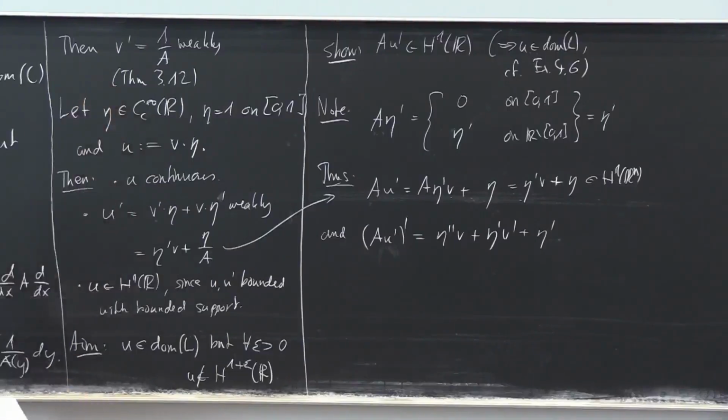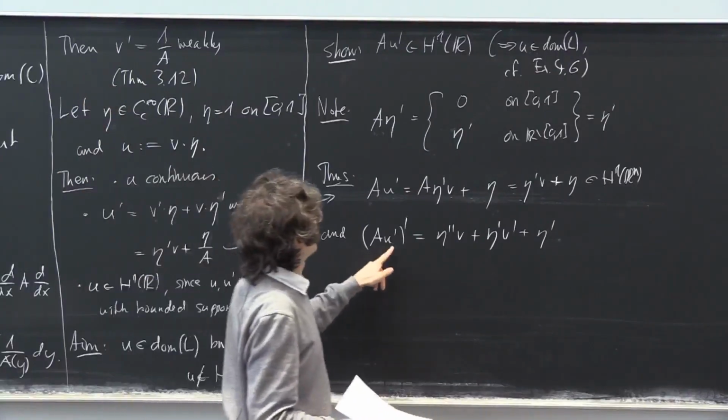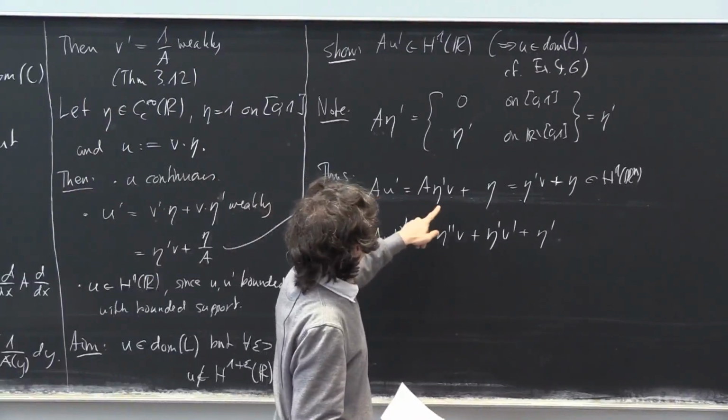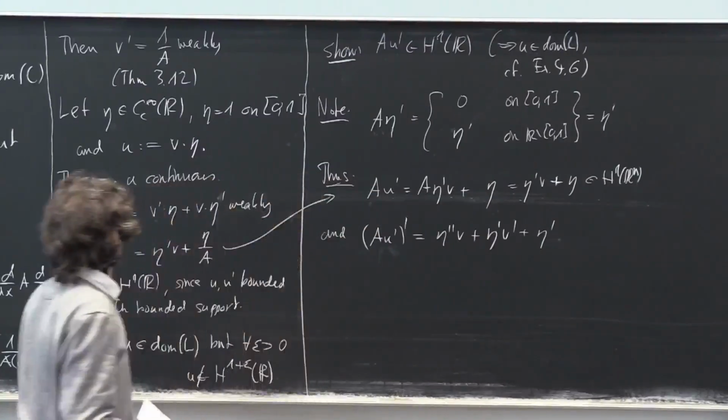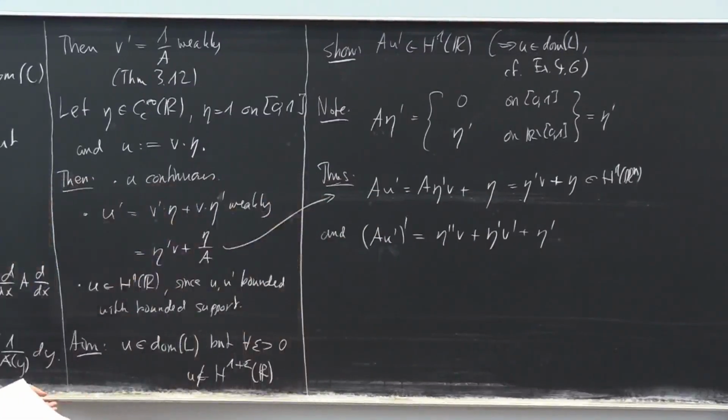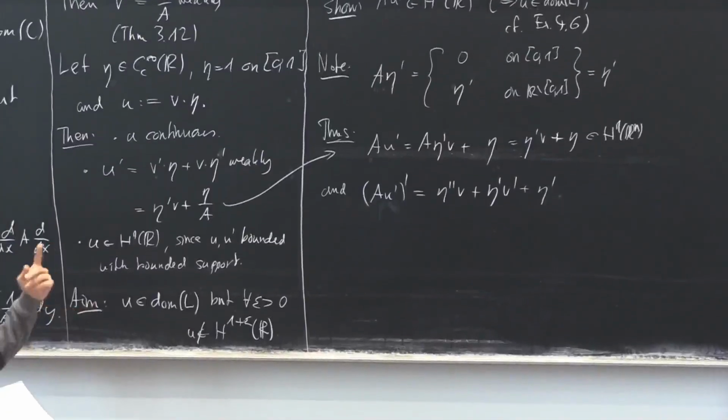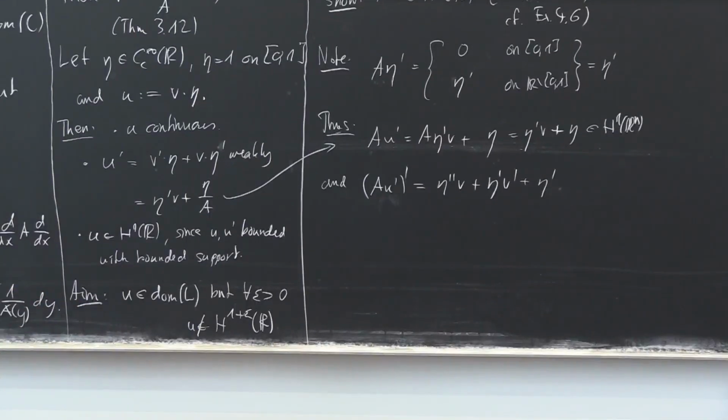So the main point is that somehow the V prime here is cancelled out. And like this, it's possible to differentiate again the AU prime.